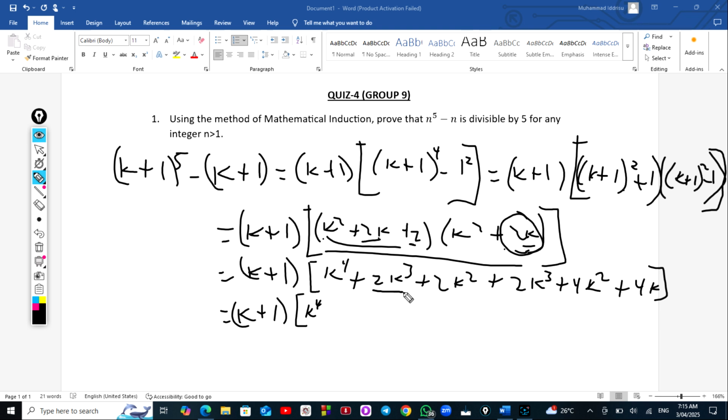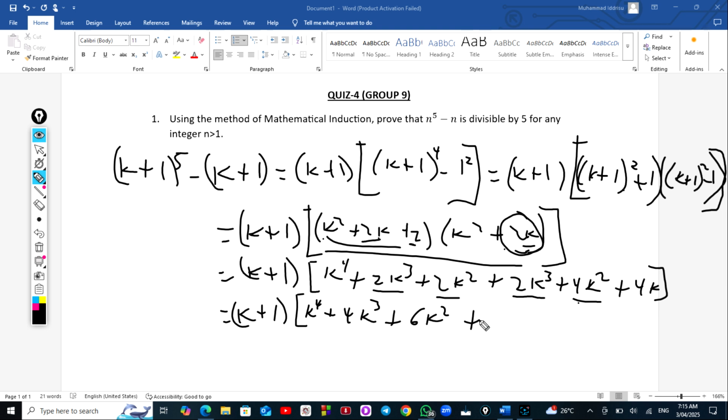I have 2k to the power 3 here, 2k to the power 3 here, giving us 4k to the power 3 plus 2k square, 4k square gives us 6k square.